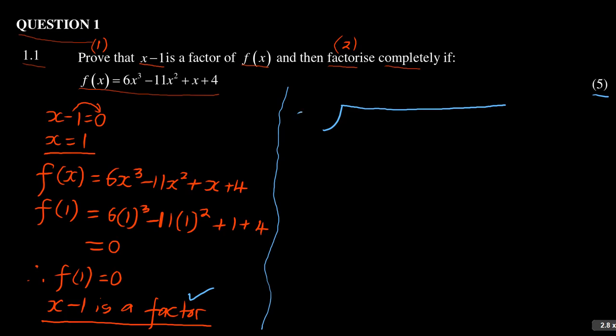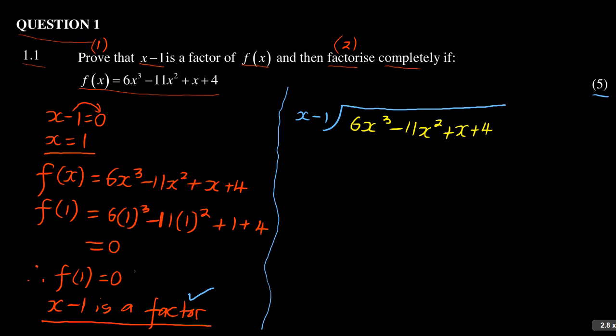So now this is what you do. You have your x minus 1 there, and your f of x is the one that you write here as your 6x cubed minus 11x squared plus x plus 4.